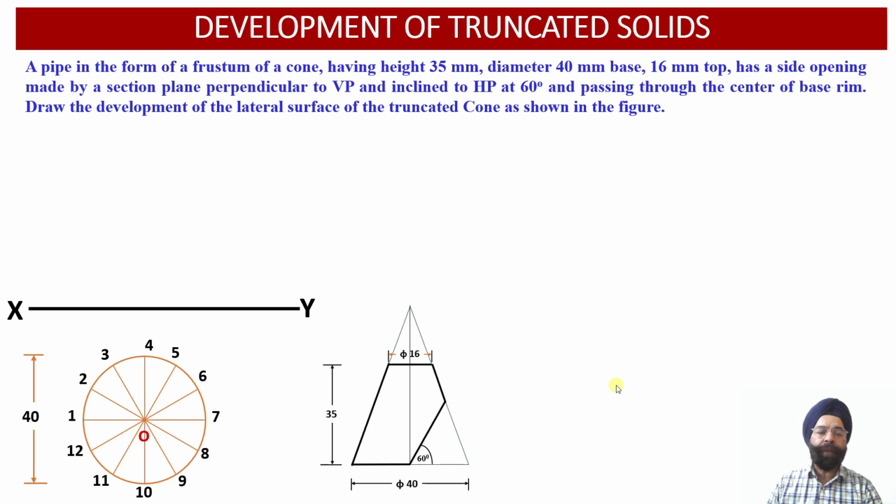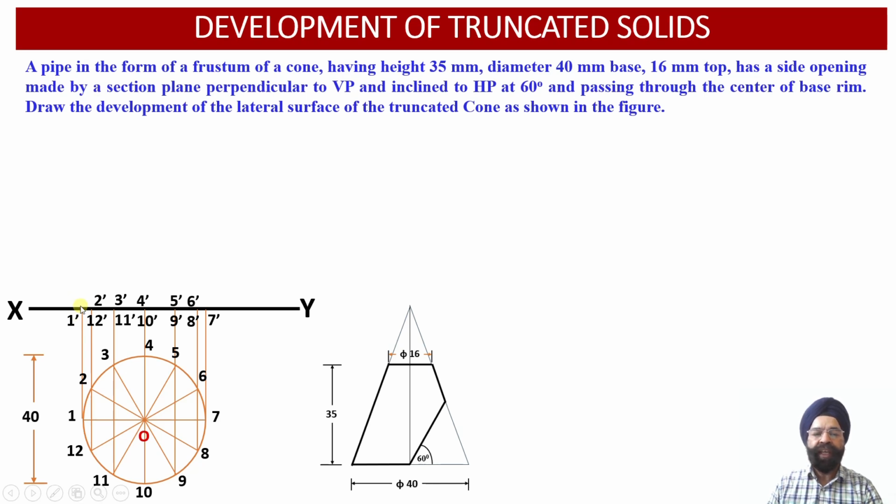Now having obtained the top view projections corresponding to this cone, let us obtain the front view elevation projections corresponding to this cone over here. Here 12 points of the base will be projected onto the XY reference line as we are going to draw projectors through all the 12 points onto the XY reference line over here.